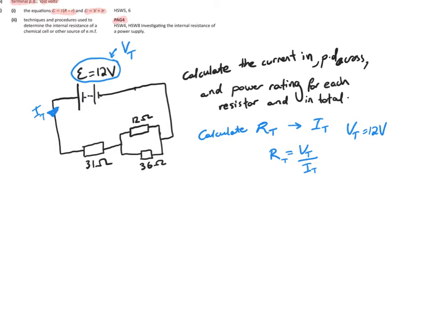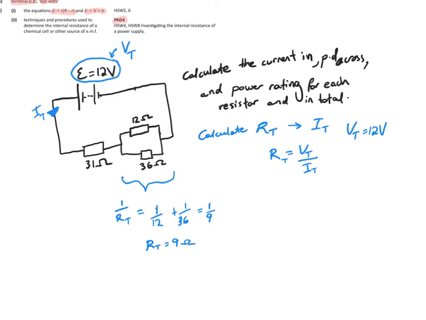So I have a combination of series and parallel circuits. I will start by breaking that down. So I will first work with the parallel combination here, which is 1 over R total is equal to 1 over 12 plus 1 over 36, which is 1 over 9. And if I flip both expressions, R total is equal to 9 ohms.